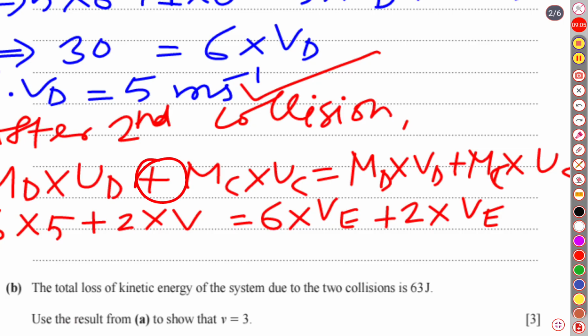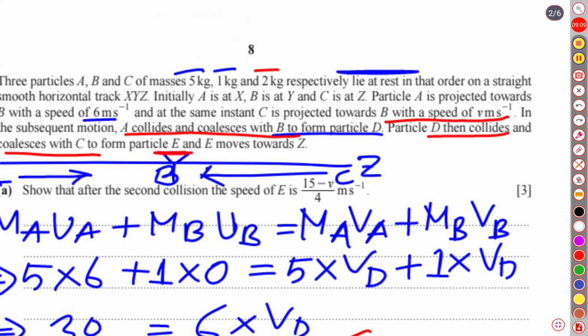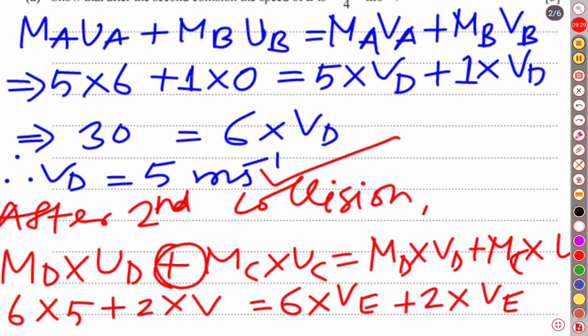Look at this, it is particle C. A is projected towards B with the speed of 6, and at the same instant C is projected towards B. The direction of C is this way. B was moving towards C, C was moving towards B. So the direction was different.